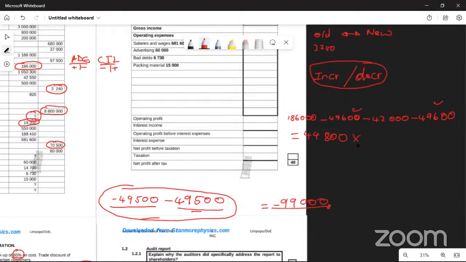So whenever I get a new provision for bad debt that is greater than the old one, that's a red flag. Multiply 44,800 by 5%, which gives us 2,240. Now it makes sense because it's less than the old one. So the new provision for bad debt is 2,240.